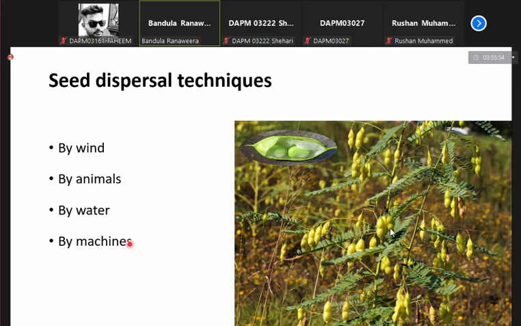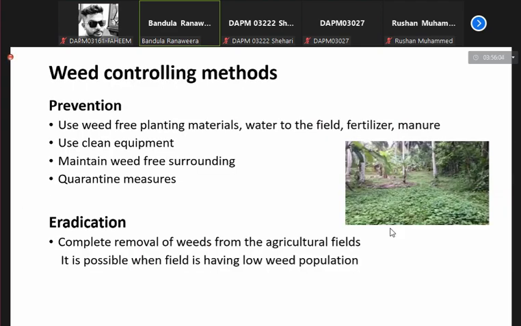Now, that was a very brief introduction about weeds, but we need to think about some major aspects of weed management.